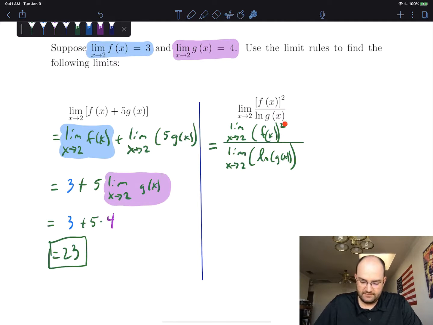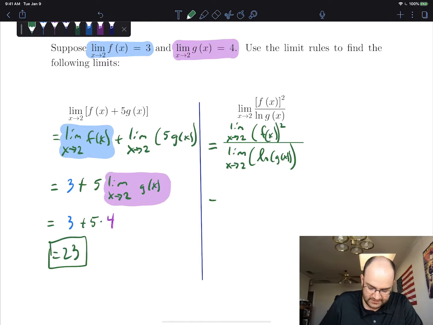Now, because we have a square here, this limit can go on the inside to act upon the f of x, and then once we have that, we can square it. And the same thing with this limit, it can go to the inside of the logarithm, making that the limit of the g of x there.